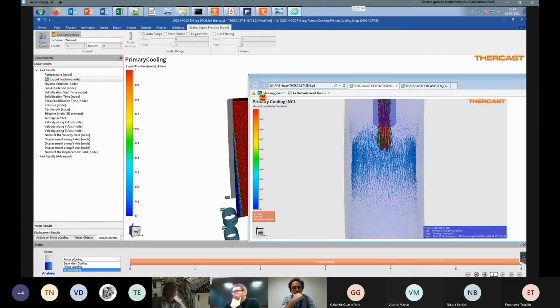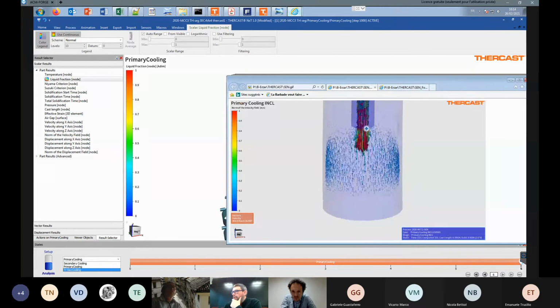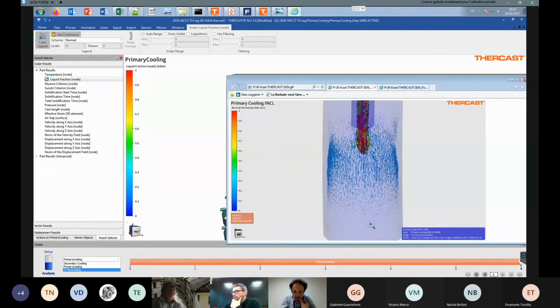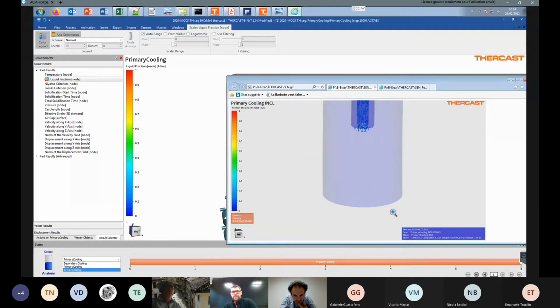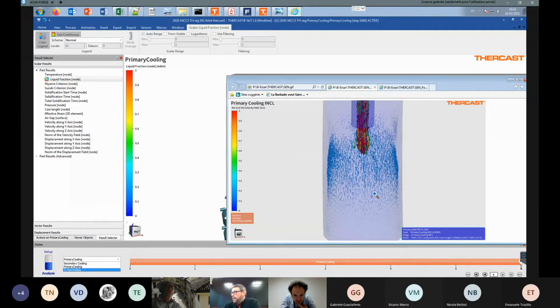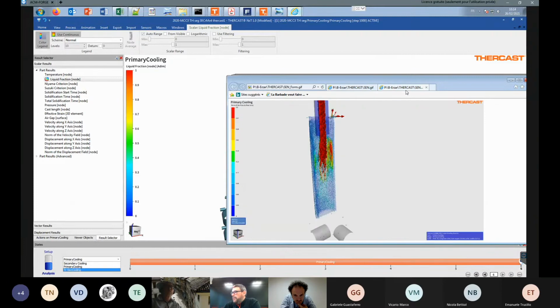So we can, for example, model the SEN and see the evolution of the fluid flow in the mold. You see here the evolution of turbulent flow, let's say, close to the submerged entry nozzle.